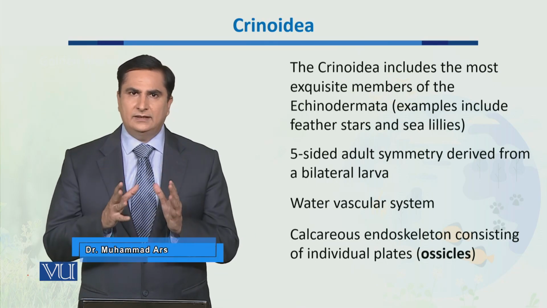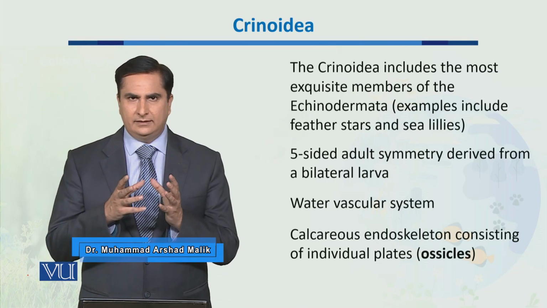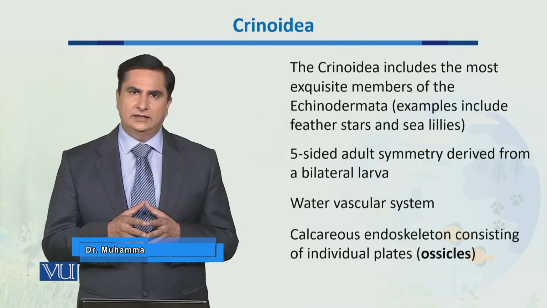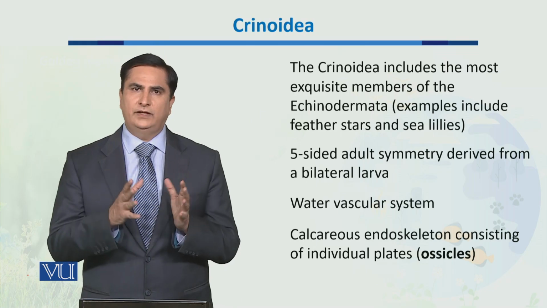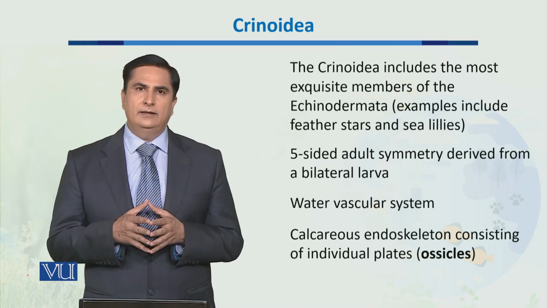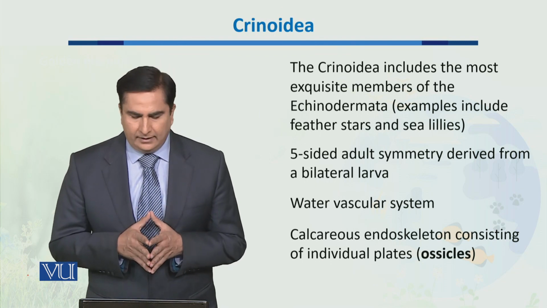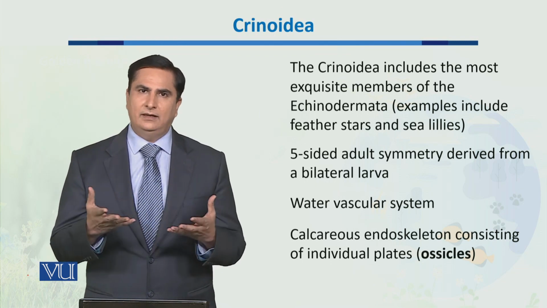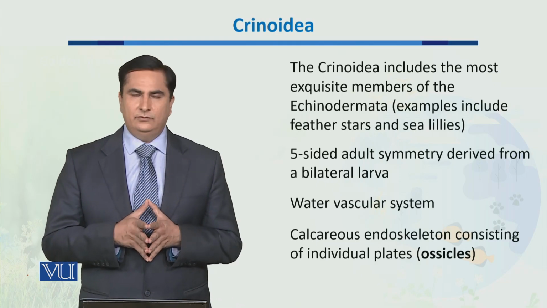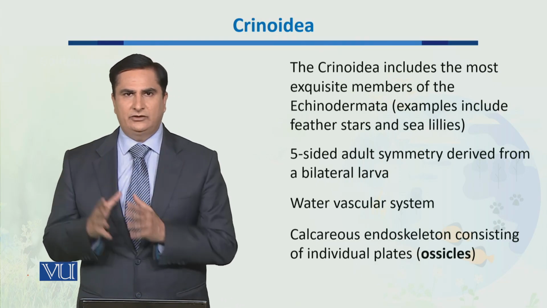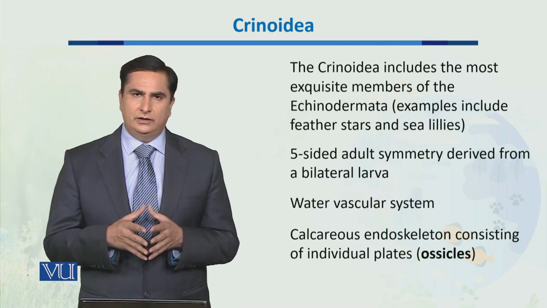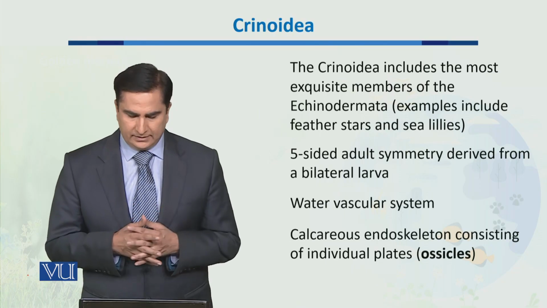This class has very distinct differences as compared to the other classes of Echinodermata, but most things are common, including five-sided adult symmetry, meaning pentasymmetrical adult organisms, as well as bilaterally symmetrical larvae.